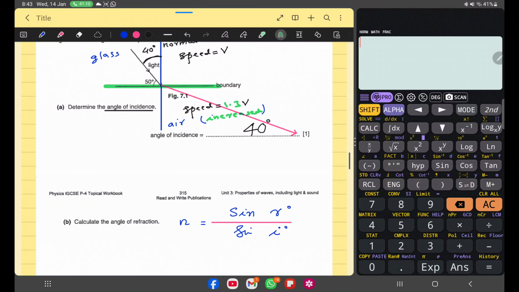So in this question you are not given the refractive index as well. This question is very difficult, so how do we solve it? I am solving it on your screen.